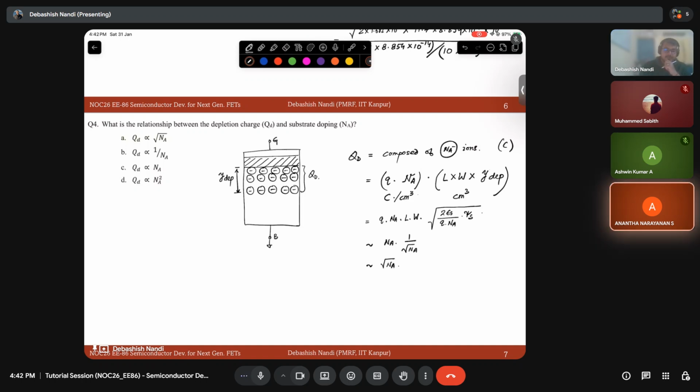Is that clear? Yes, sir. Now you don't need to remember how this formula of QD and what not. You just need to remember your PN junction concept and just work your way through the dimensions and you get your answer. Okay.